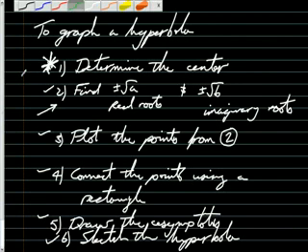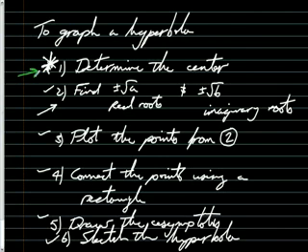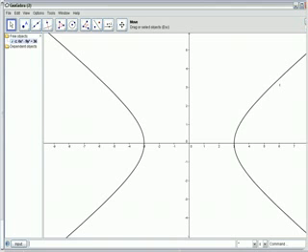I'm now going to come back to finding the center. Okay? The center of our last hyperbola, let me just flip back here. You'll notice that there's a certain amount of symmetry about 0, 0. And if I rewrite the equation, x squared over 9 minus y squared over 4 equals 1, you'll see that there's no h and k.